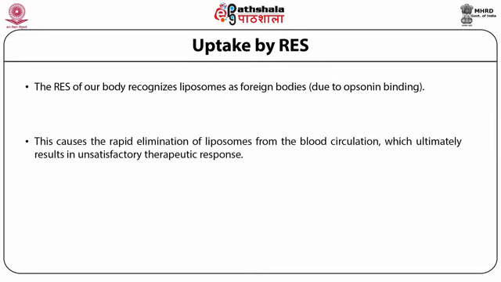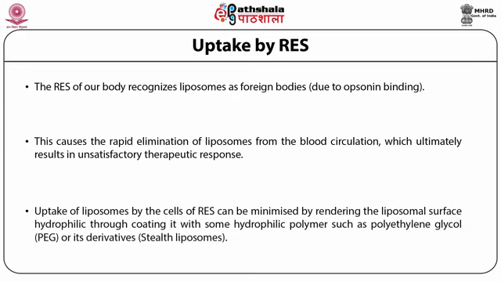This causes the rapid elimination of liposomes from the blood circulation, which ultimately results in unsatisfactory therapeutic response. Uptake of liposomes by the cells of RES can be minimized by rendering the liposomal surface hydrophilic through coating it with some hydrophilic polymer such as polyethylene glycol or its derivatives.